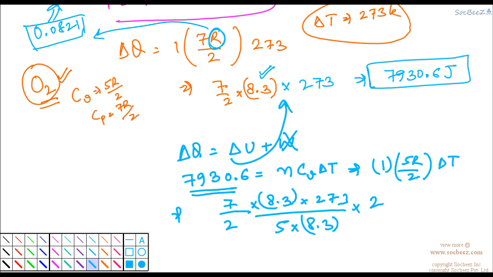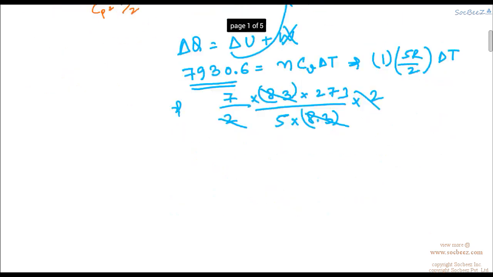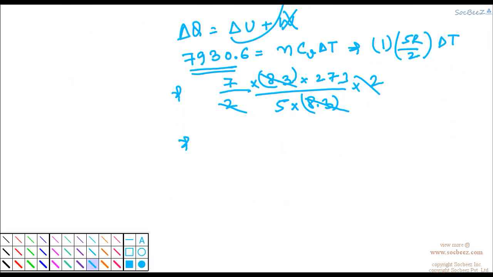The 8.3 cancels out, the 2 and 2 cancel out, and it gives us 7 by 5 into 273, so that you can calculate.